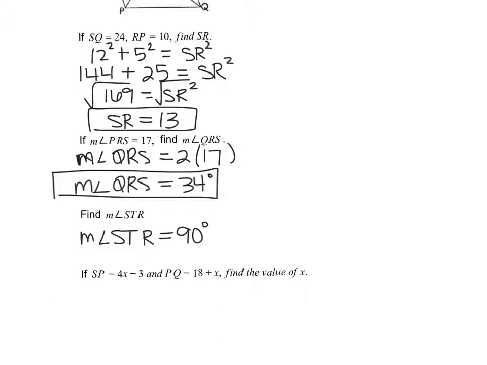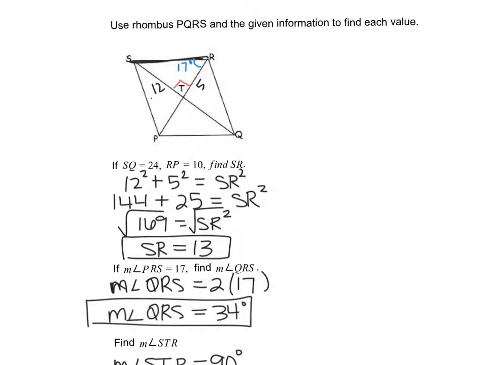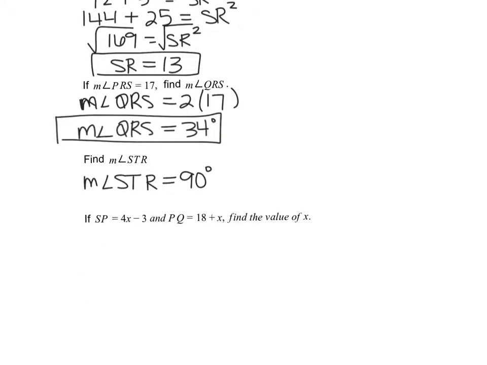Lastly, we know that SP is 4x minus 3 and PQ is 18 plus x. We want to find the value of x. So SP and PQ are two of our sides, and in a rhombus, all of our sides are congruent, which means in order to find the value of x, I take 4x minus 3 and set it equal to 18 plus x.